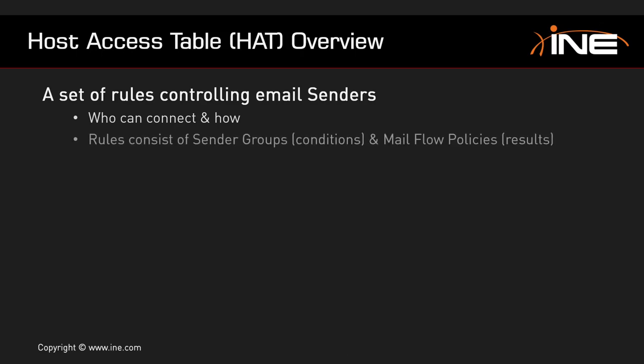Now, the table itself can be broken down into two sections. We have what is known as a bunch of sender groups, which is what makes our conditions. Sender groups, this is what we will use for classification of the incoming or possibly also outgoing connections. And then mail flow policies, this is going to make our results.